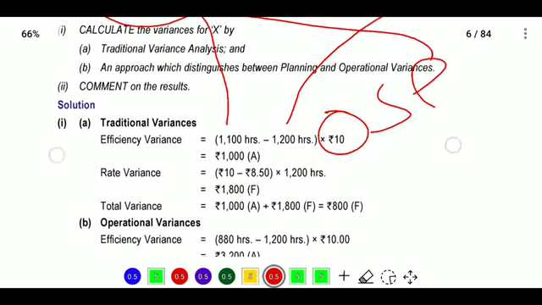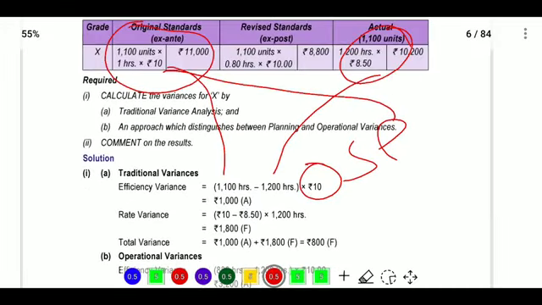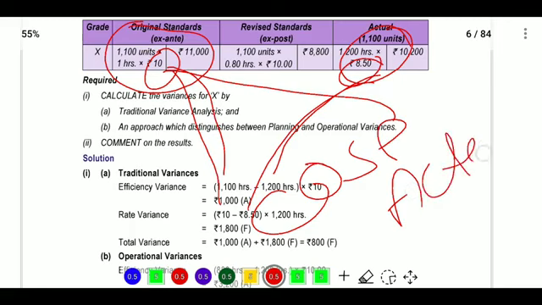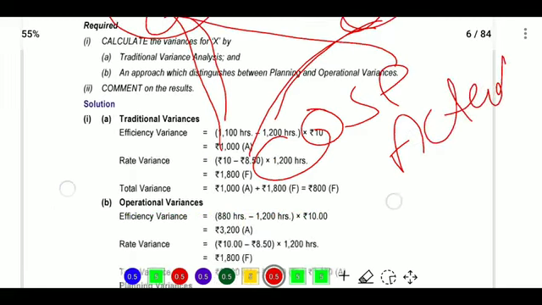Next, rate variance. We will take the standard price minus the actual price. Now we will take the quantity. Quantity means here labor, so hours. Which hours will we take? Hours means always actual. Next, total variance we will get.